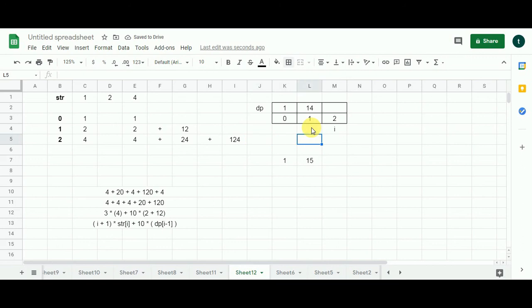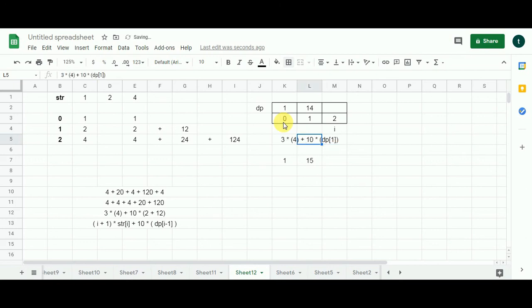So it will be 2 plus 1, 3, multiplied by, what is the value here? 4, plus 10 multiplied by dp[2 minus 1], which is dp[1].